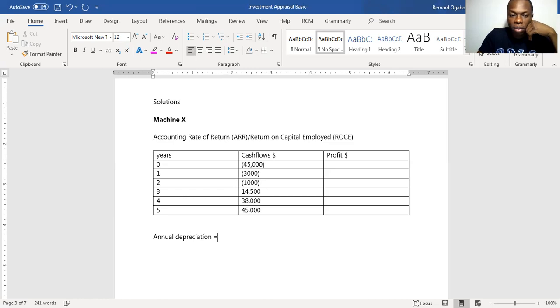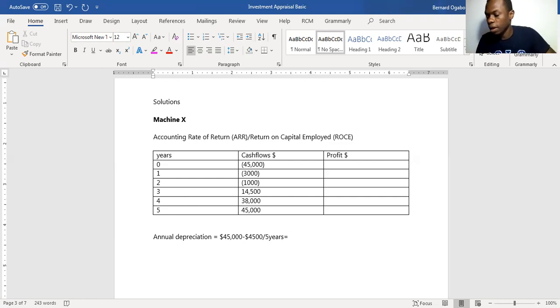The annual depreciation would be the cost minus scrap value, which is 4,500, divided by the number of years, 5 years.